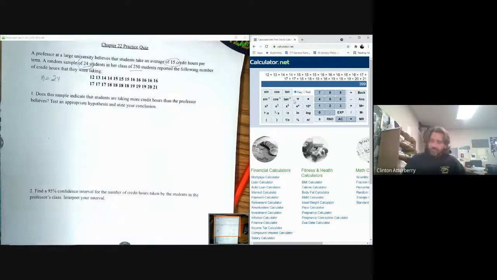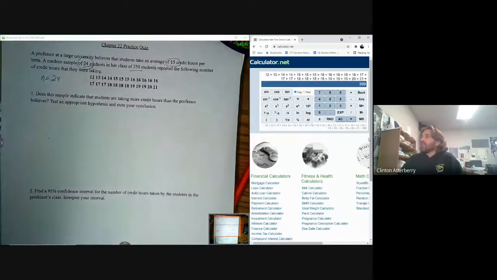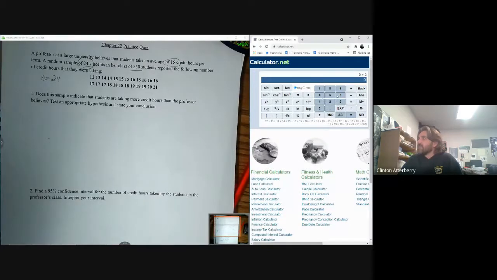Okay, looks good to me. Hit enter, and I got 399. And there are 2, 4, 6, 8, 10, 12, 24 students, so divide that by 24. 399 divided by 24.